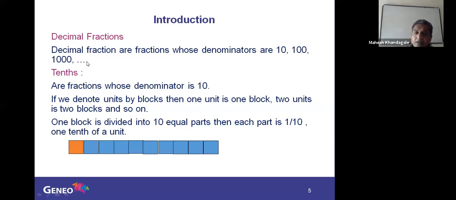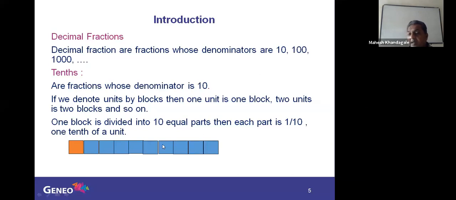Okay. So for example, if we denote units by blocks, each block in your figure is 1 unit. So you will see that these are 10 units. So the complete whole is made up of 10 units. And this will be called one block.